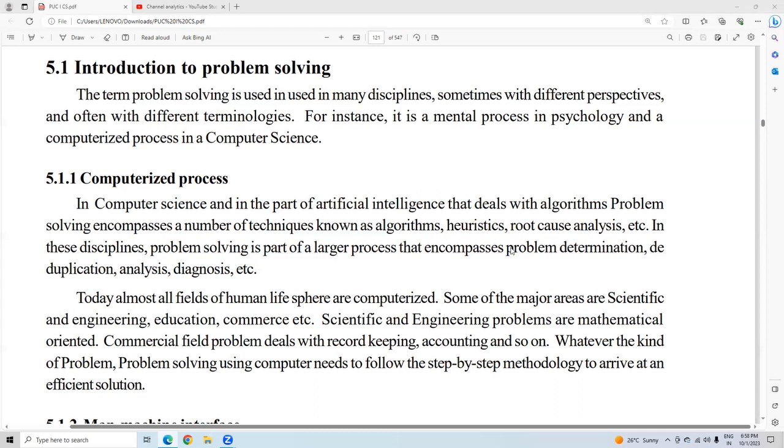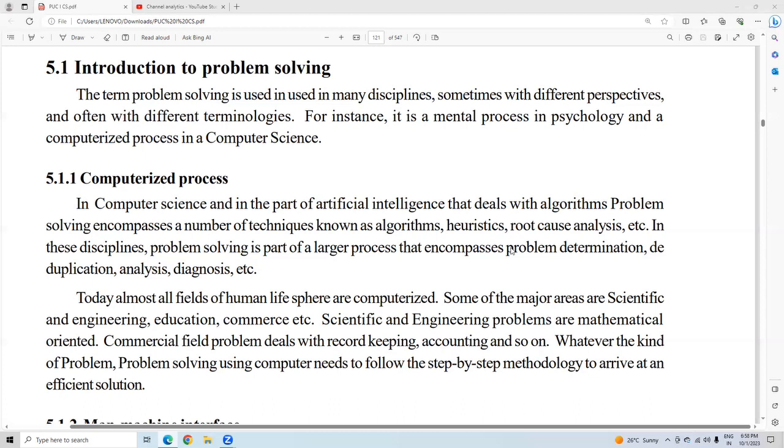So today almost all fields of human life are computerized. Everywhere we are seeing computers. Some of the major areas are scientific and engineering, education, commerce, etc. Scientific and engineering problems are mathematics oriented. Commercial field problems deal with record keeping, accounting, and so on.